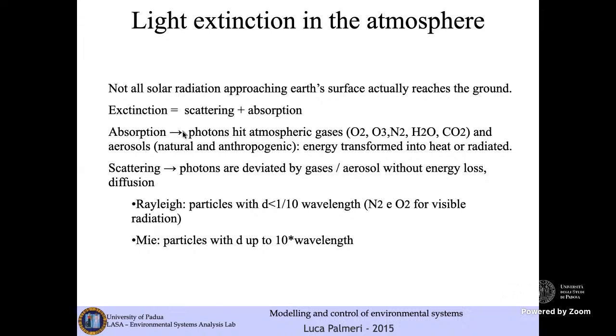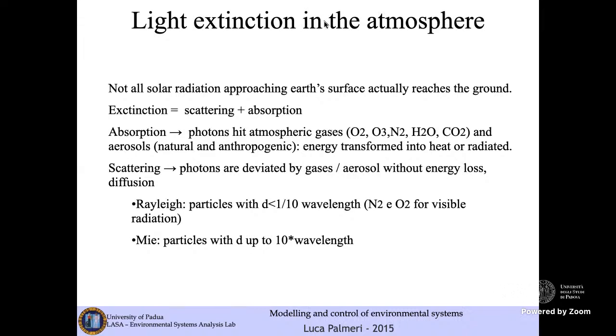Scattering refers to the fact that photons are deviated by gases, for example, or aerosols, and there is no energy loss during the diffusion process. There are two types of scattering that are classically employed for describing this effect.